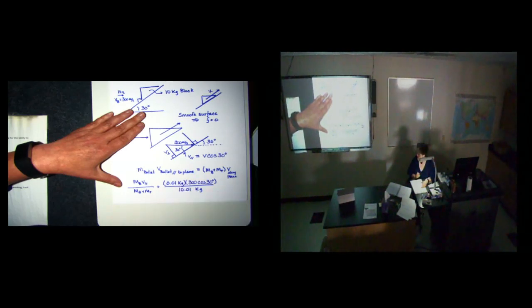So this gives me 1/2 mv squared is equal to mgh. This is the mass total.